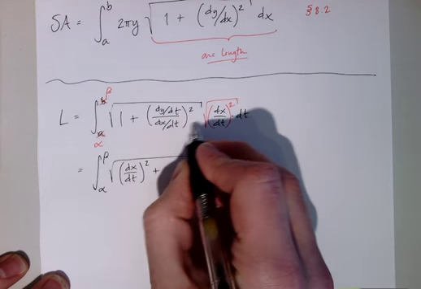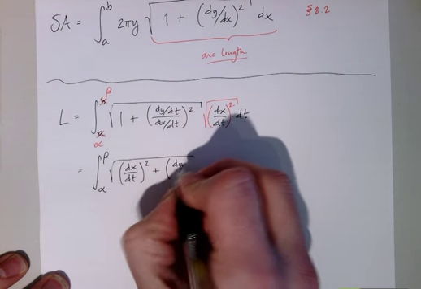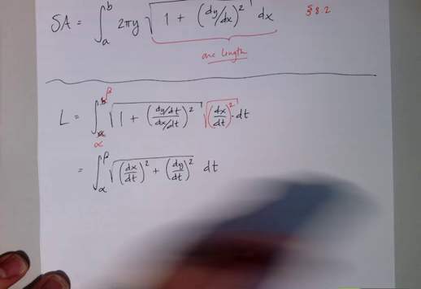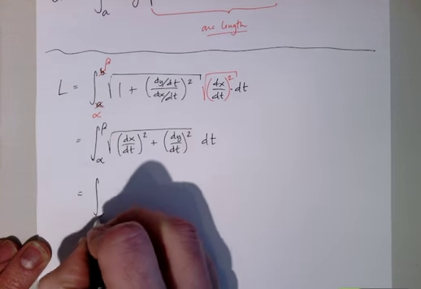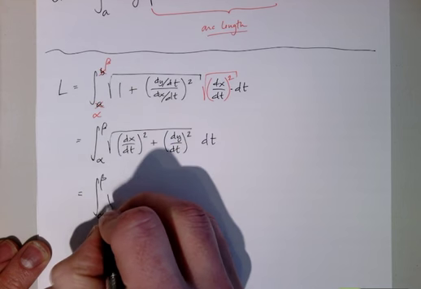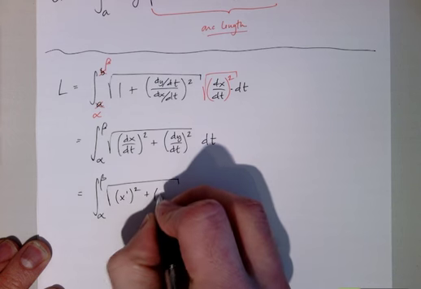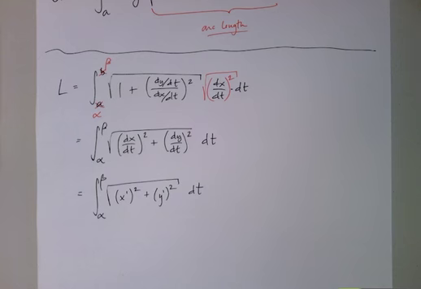When I distribute it to this second term right here, it's going to get rid of the denominator, and you have dy dt squared times dt. Or if you want, since I just introduced sort of the x prime and y prime, if you want to clean it up just a little bit, this is x prime squared, and that's y prime squared dt. That is the formula for finding arc length using parametrics, okay?